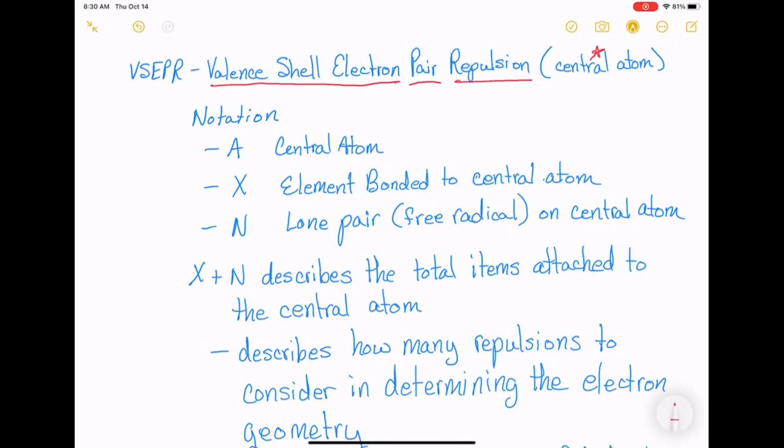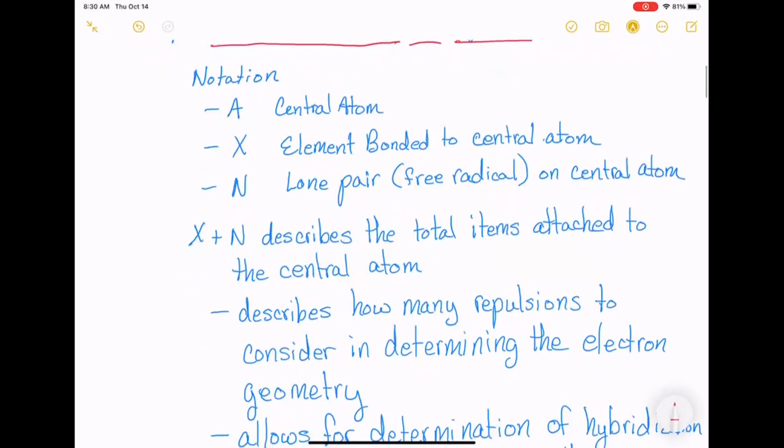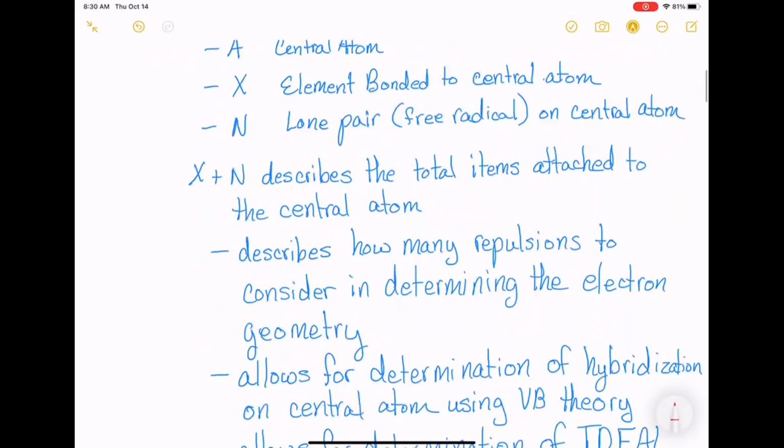Now, this notation is very useful because if we look at the sum of X plus N, in other words, the number of elements bonded to the central atom plus the number of lone pairs on the central atom, that is going to describe how many repulsions we need to consider when developing the electron geometry.